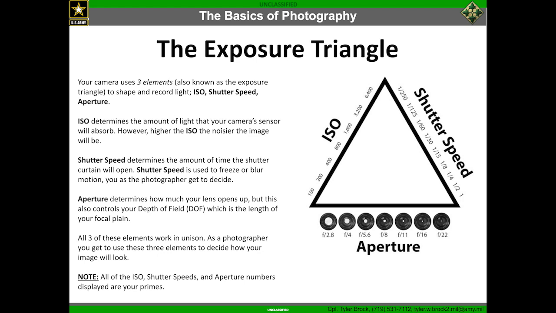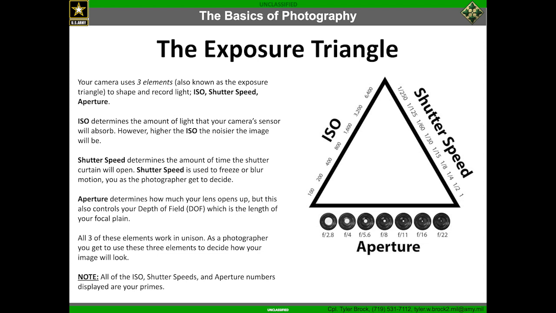And how it's measured is stops of light. So if you ever hear someone say, close down your lens 3 stops, and you're at f4, well, that means that you need to close down to f11.